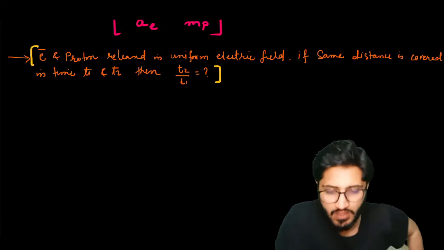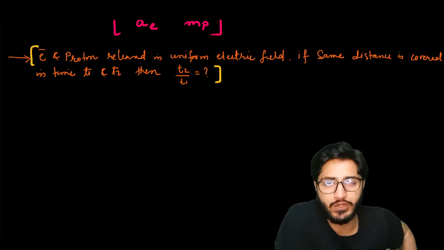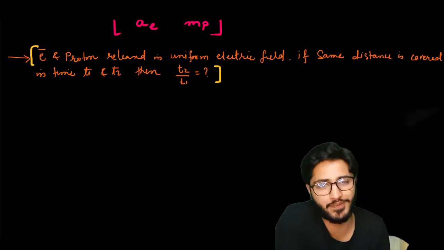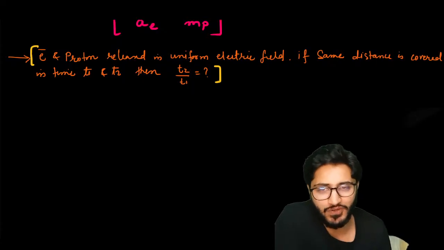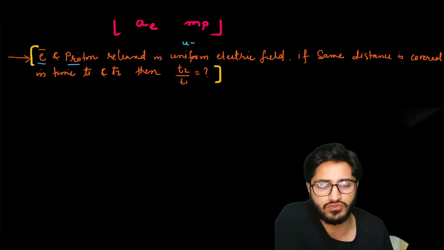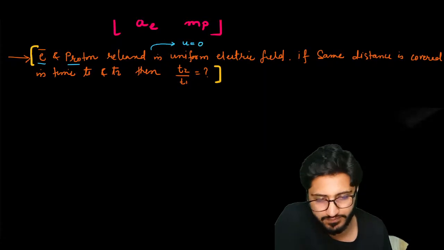This numerical is from 2016 of NEET, the toughest paper for NEET. Look, what are the things given to us? Electron and proton released from rest, so I can write u equals 0.